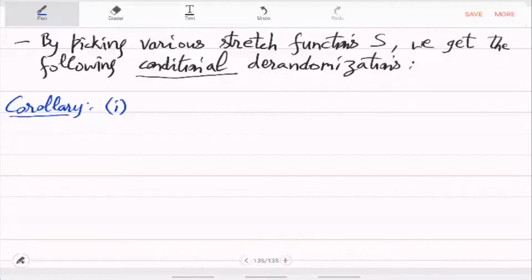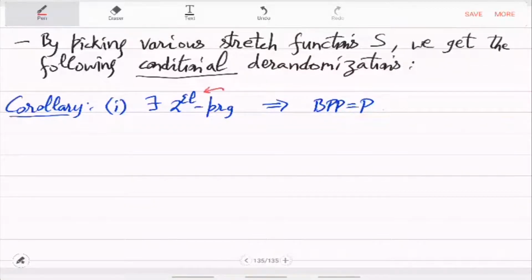So to get BPP equal to P, so if there is an exponential stretch PRG, then BPP is equal to P. Okay, so that's an exponential stretch.